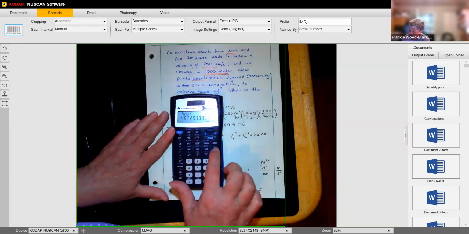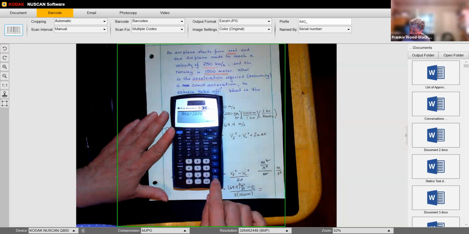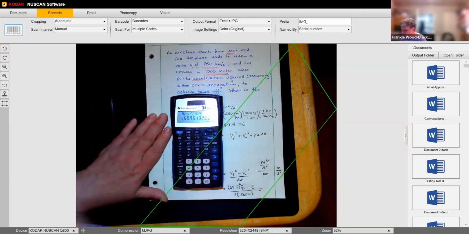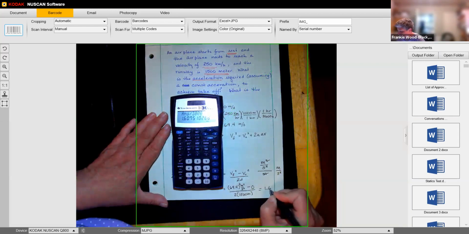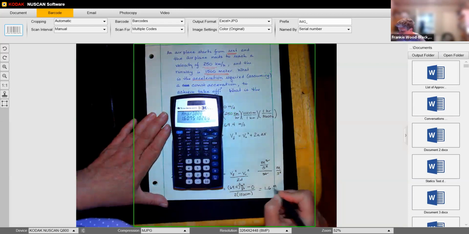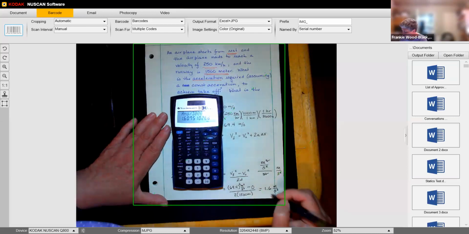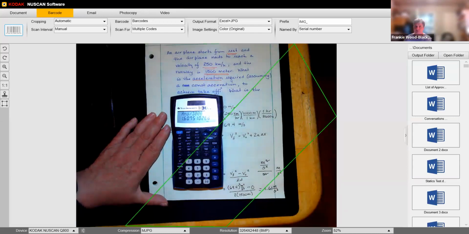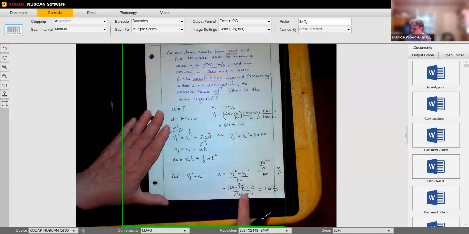And that's going to now be divided by 3,000 because 2 times 1,500 is 3,000. And it says that I have to accelerate at 1.6 meters per second squared. Actually, that's 1.61 meters per second squared. So that gives me the acceleration that I have to have.